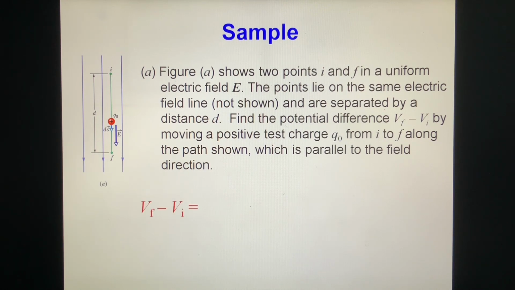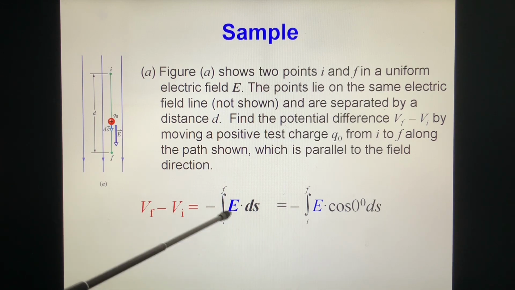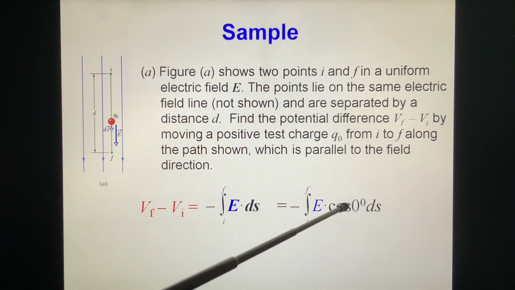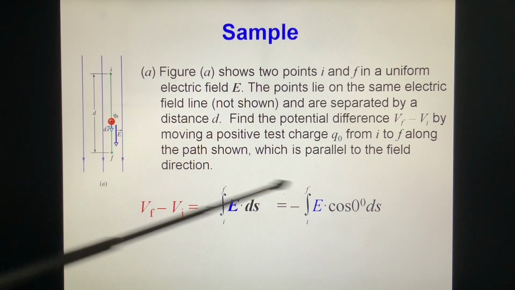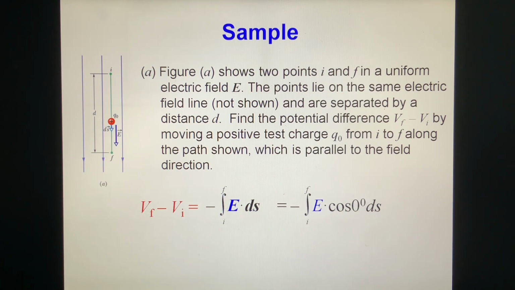Now, by definition, V final minus V initial equals minus the integral from I to final of E dot ds. Here E is a uniform E. ds is along the direction of E. So E dot ds equals E ds cosine, and they are in the same direction, cosine 0, which is 1.